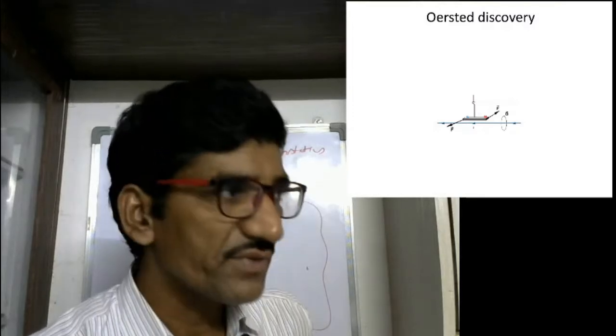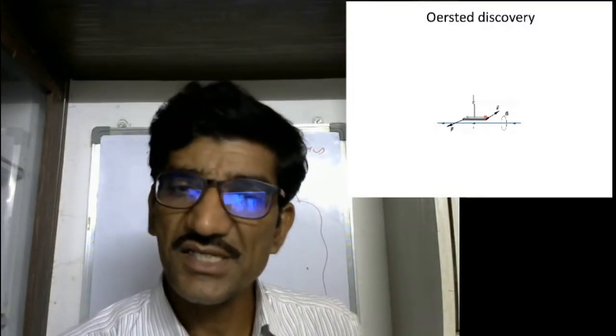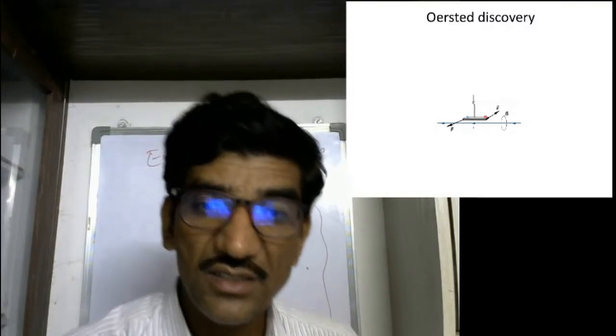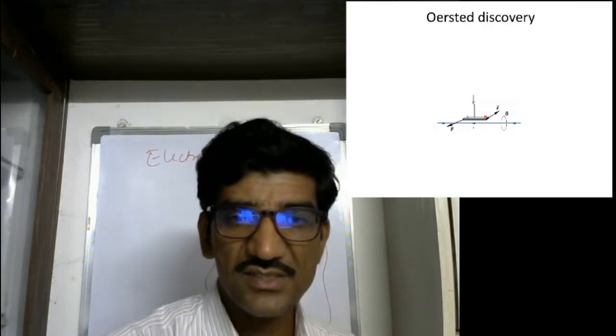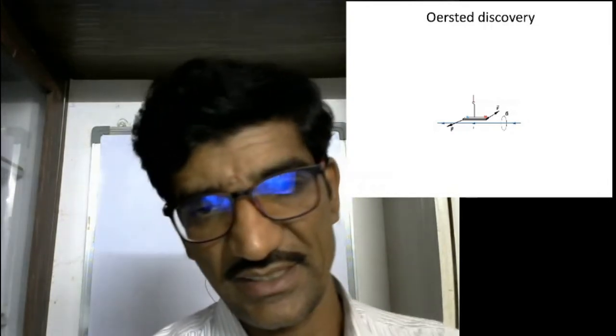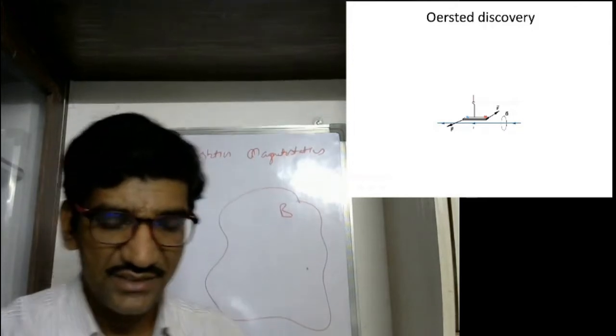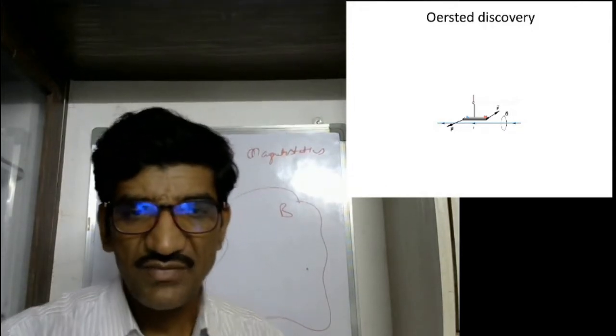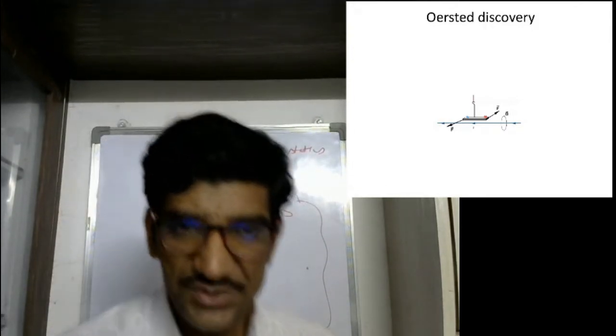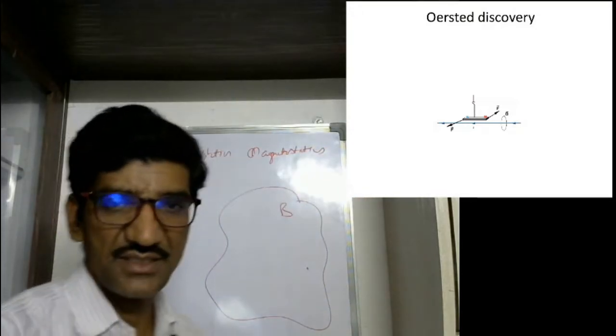Why is the magnetic field acting on the charge in motion? Because a charge in motion means a current. These currents also create magnetic fields, so that magnetic field interacts with the external magnetic field.